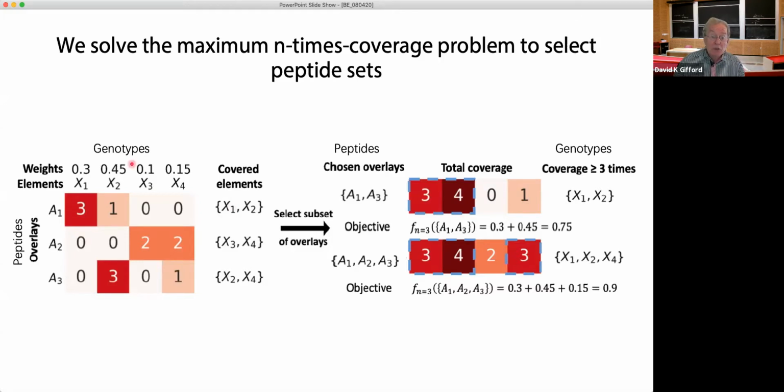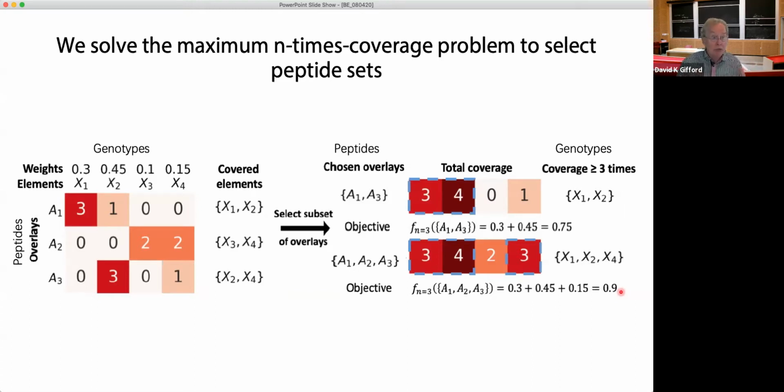We can then select which peptides to use and compute the number of peptide hits we're going to get on average across the population. And as you can see in this particular case, if we select all 3 peptides, we're going to get much better coverage. It turns out that this task is something that is a technical term.